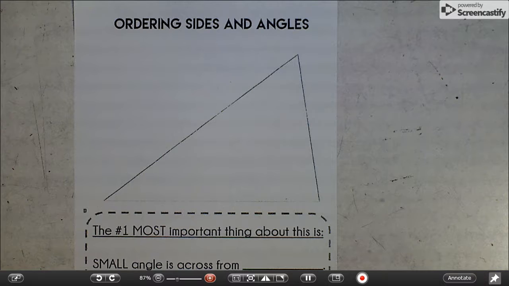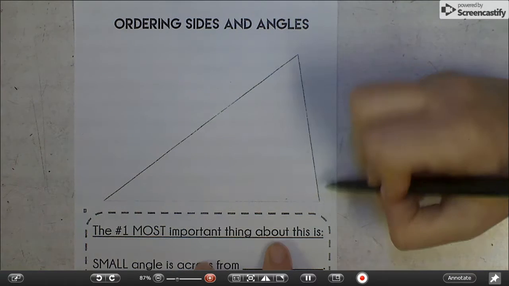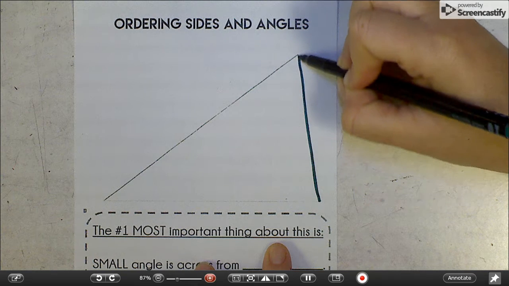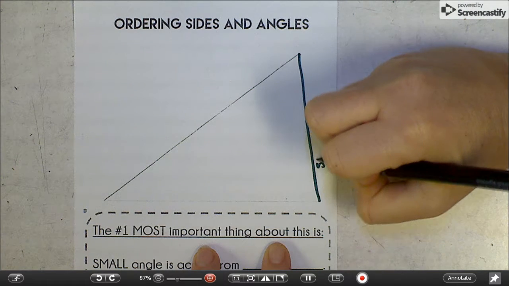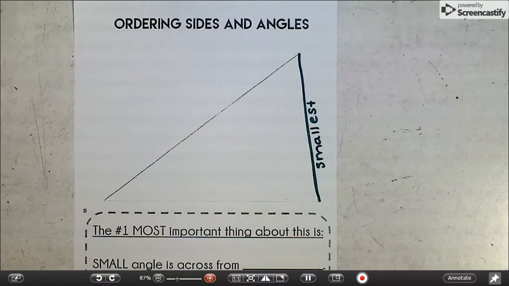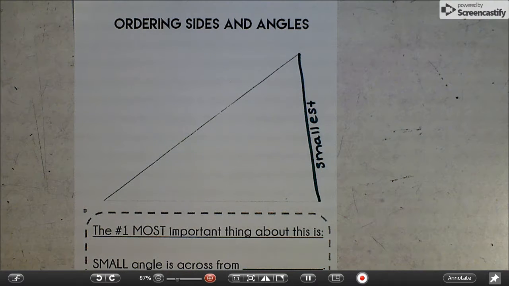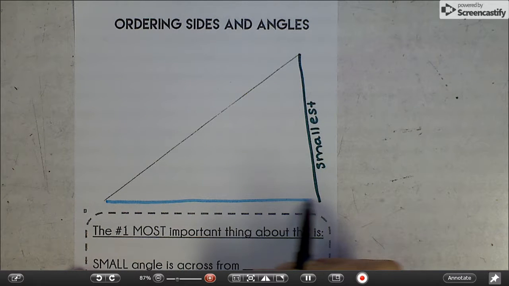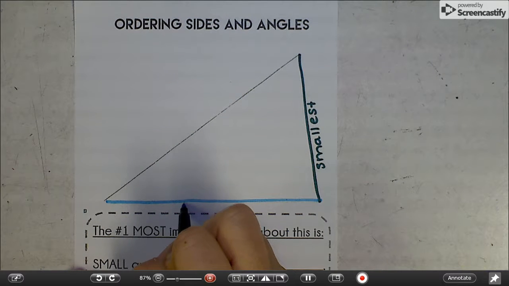Tell me, this side of our triangle is the smallest, right? What color is that one? Green? It doesn't matter what color, but just write smallest. That is the shortest side of the triangle. We're just eyeballing now to make a point. I think this one's medium. How do you know? I'm just eyeballing it right now.